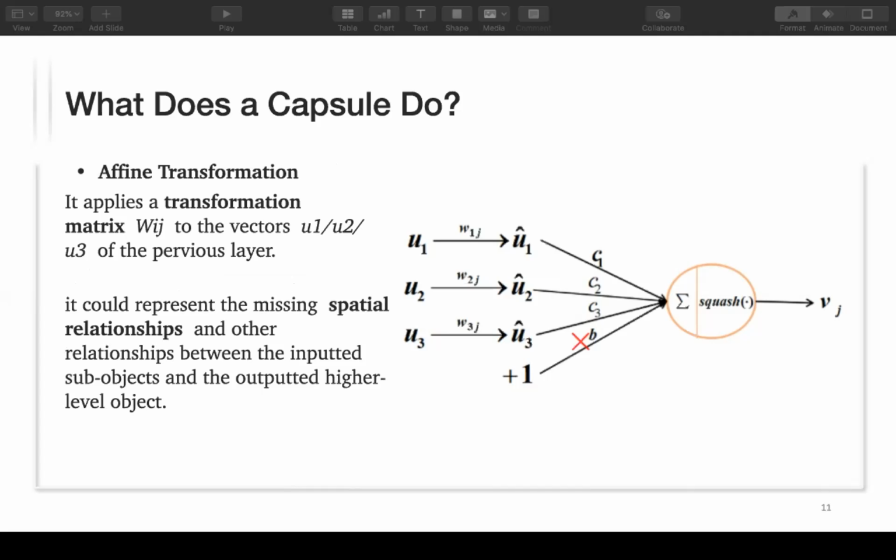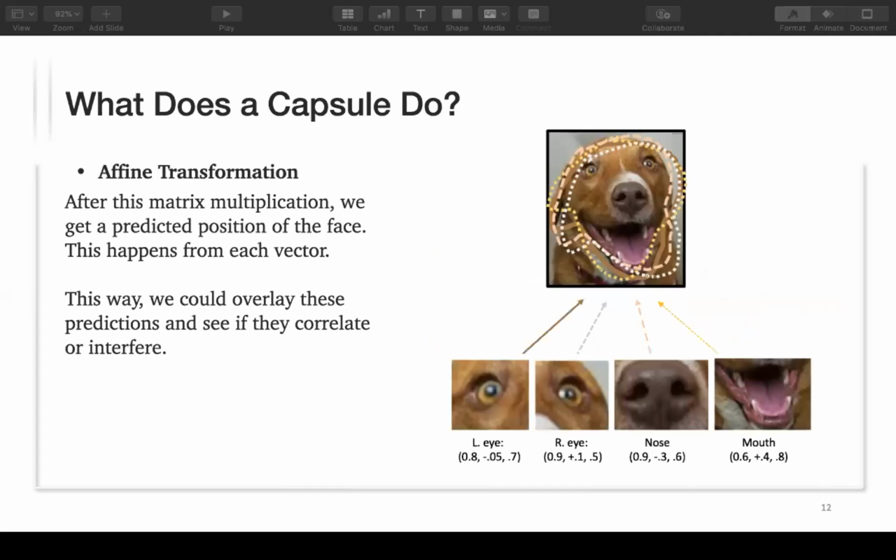We call it the transformation matrix, and this matrix is supposed to contain the spatial information, the spatial relationships between different parts of the input. After the affine transformation, after the matrix multiplication, we get a prediction of the next layer's feature.